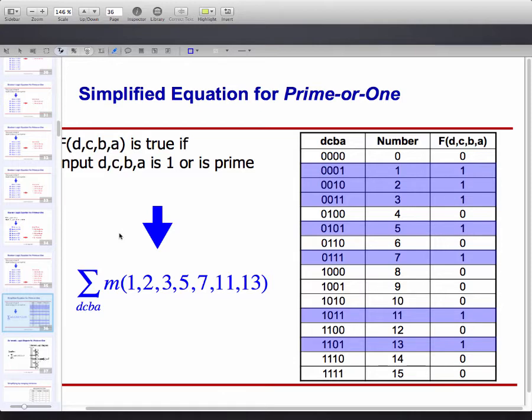In this example, the function outputs logic 1 whenever the input either had the value 1 or had a value which was a prime number. The highlighted rows correspond to the 1, and we end up writing it as an ORing of minterms number 1, 2, 3, 5, 7, 11, and 13. The sigma basically means that we are doing an OR.